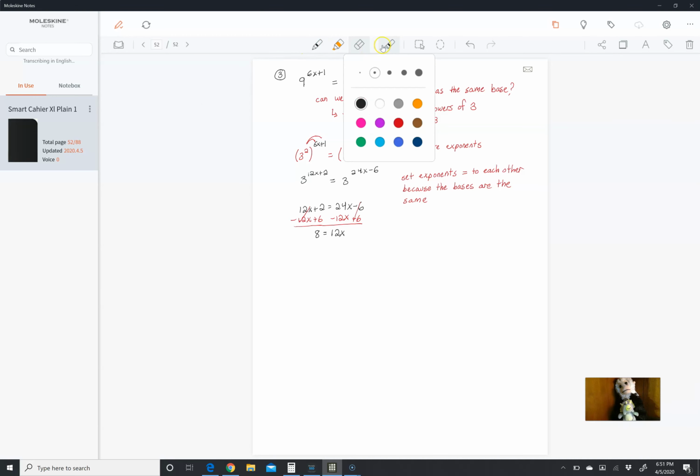Divide both sides by 12. Okay, and our final answer. You can divide both sides by 4, so our final answer is 2/3. Okay, so always remember to reduce your fractions.